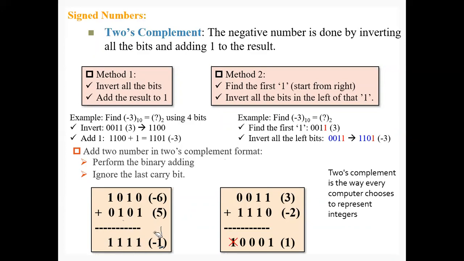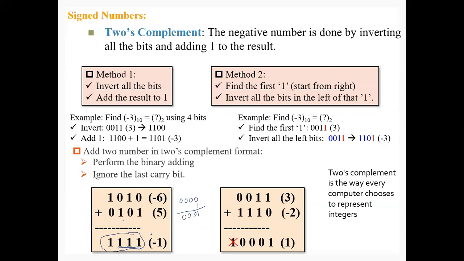If you want to convert what this guy represents, obviously this is negative. To change it to what it represents, you have to change it back to 2's complement again. So what is the 2's complement of this guy? First do the 1's complement, then add 1.